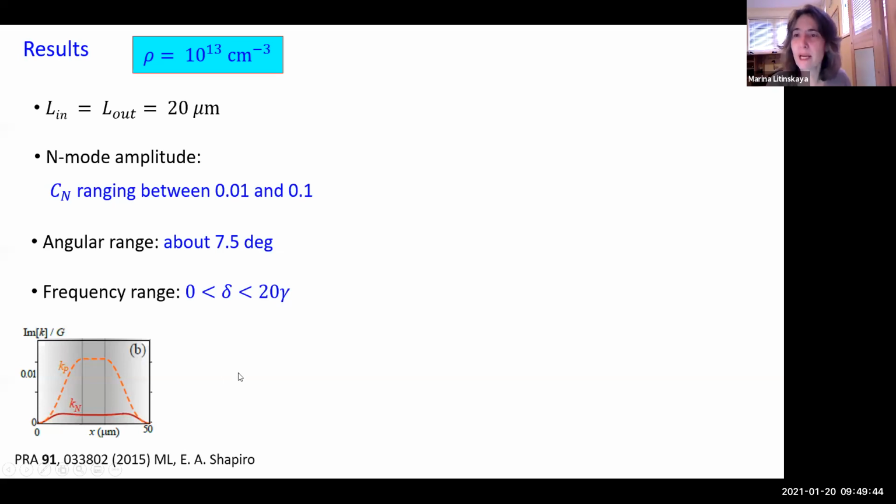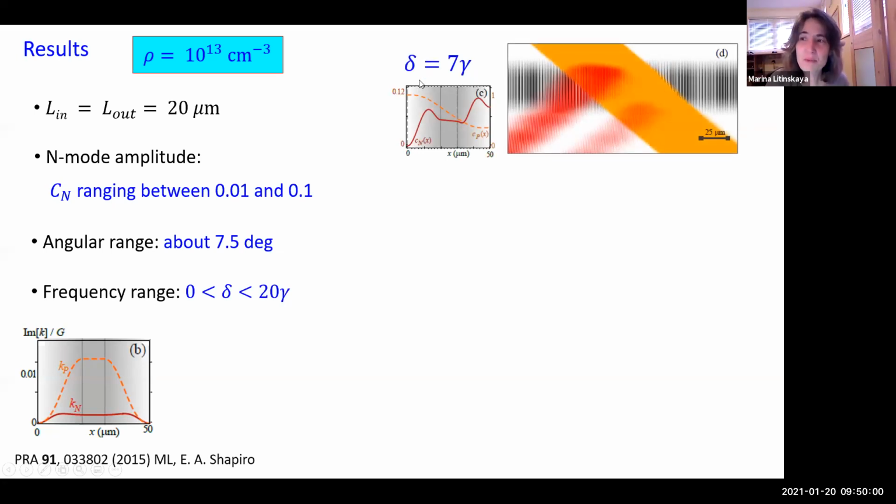Now let's look at the simulated wave propagation. We derived a set of differential equations, slowly varying amplitudes, coupled mode formalism, and then we solved the resulting equations numerically. And here is the result. Assume that we are at a detuning of 7 gamma away from the resonance, so epsilon is not huge.